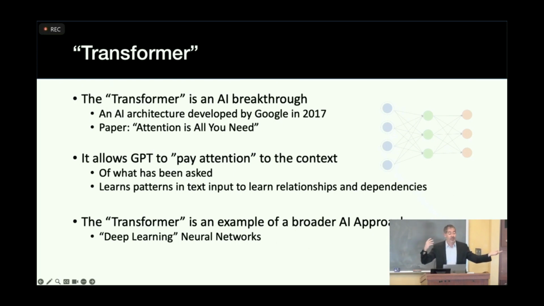Previously, these things couldn't really understand, and I say that in quotes, what you were asking. This was one of the big breakthroughs that allowed these models to be responsive and actually kind of understand. And the transformer is a particular architecture, a way of doing something called deep learning.